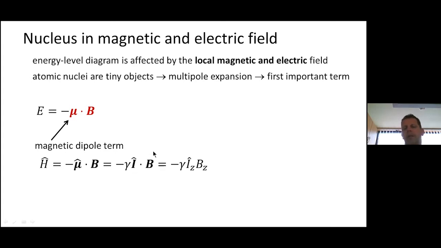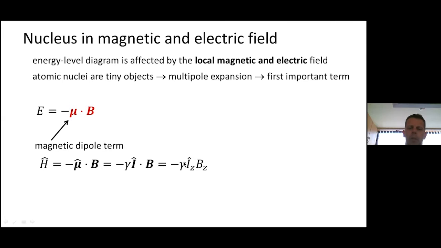If we decide that the laboratory z-axis will point along the direction of the magnetic field, so that B points along the z direction, then this interaction of magnetic moment with magnetic field can be described like this, with a simple and well-known operator, the z component of the spin operator.